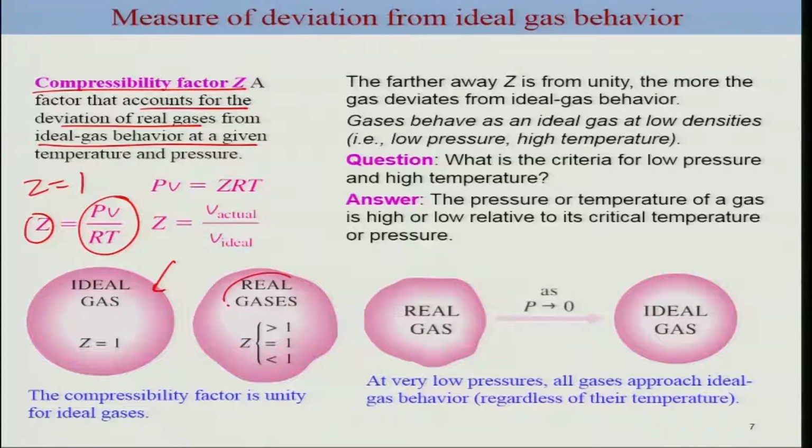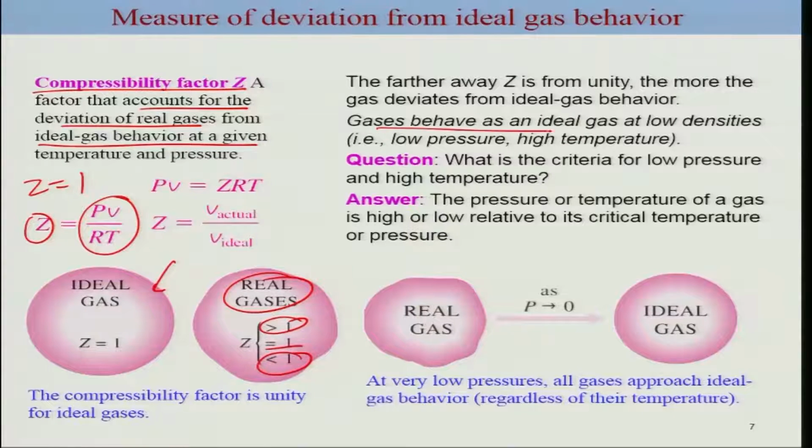So real gas can have Z greater than 1, equal to 1, or less than 1. So if it deviates from Z equal to 1, the real gas actually deviates from the ideal gas behavior. So this is quite useful in many applications.